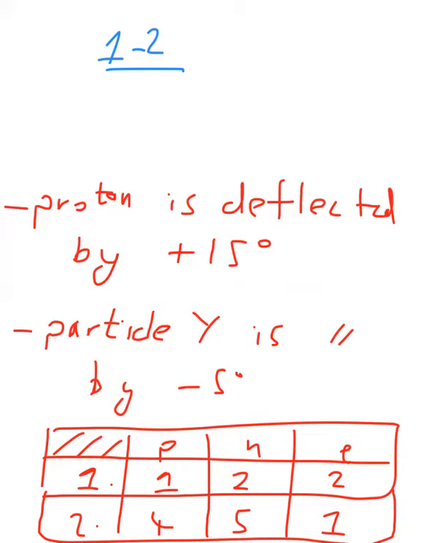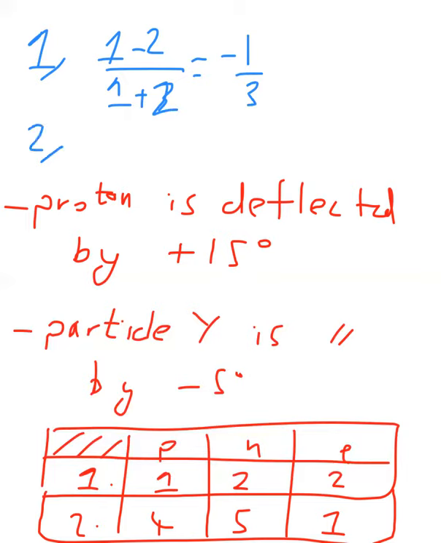Upon mass, the mass will be 1 plus 2, that is 1 for proton and 2 for neutron, because electrons have a negligible mass. So the ratio for particle 1 is coming minus 1 upon 3.